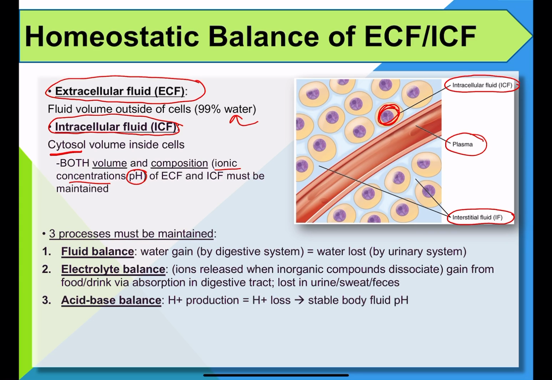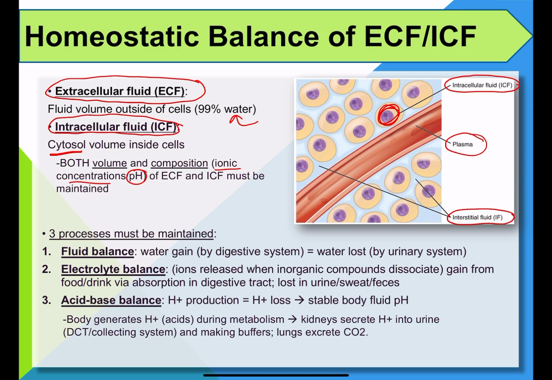So the three main topics we will discuss in this chapter start with how our body is able to do fluid balance and make sure that the water gained by our digestive system is always equal to the water lost by the urinary system. If it's imbalanced in any way, for example, if too much water is gained, we can end up with hyperhydration, which we'll talk about. And if there is too much water lost, then we'll end up with dehydration, and I will talk about those.